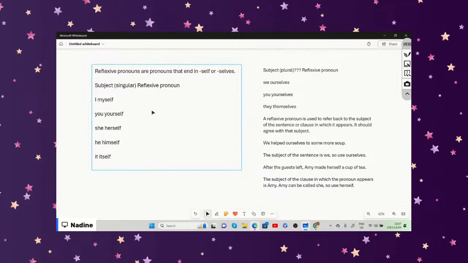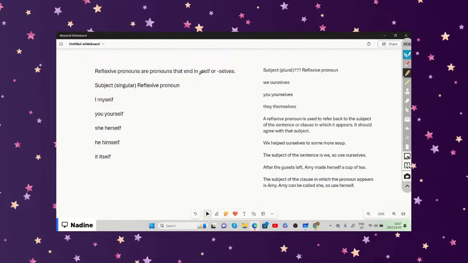So self usually refers to one person and selves refers to more than one person, right?